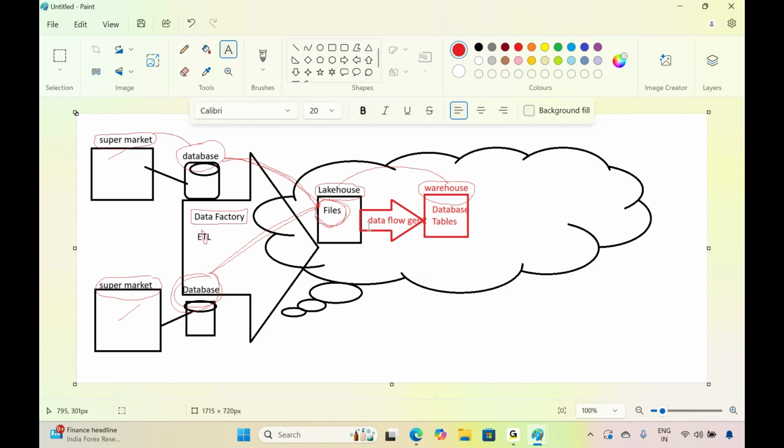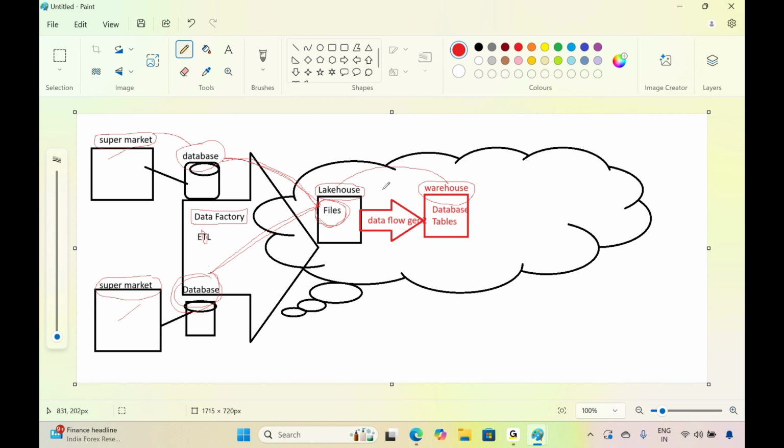How can we move the data from lake house to warehouse? Why are you moving into warehouse? Because the data which we contain in the lake house is raw data. It's not cleaned, transformed data.